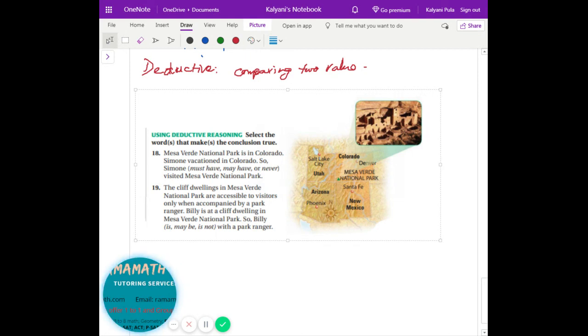Inductive reasoning, on the other hand, makes broad generalizations from specific observations. There's data, then conclusions are drawn from the data. Here's how it works. A coin that I pulled from this bag is a penny. A second coin is a penny. A third coin is also a penny. Therefore, all the coins in the bag are pennies.